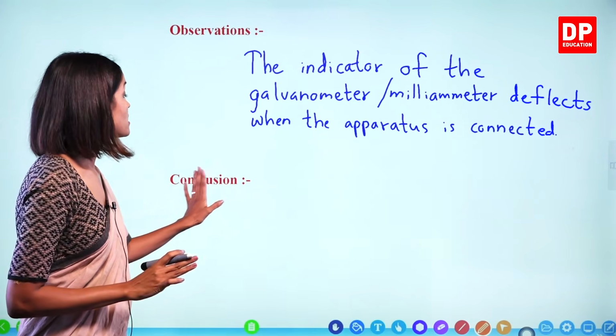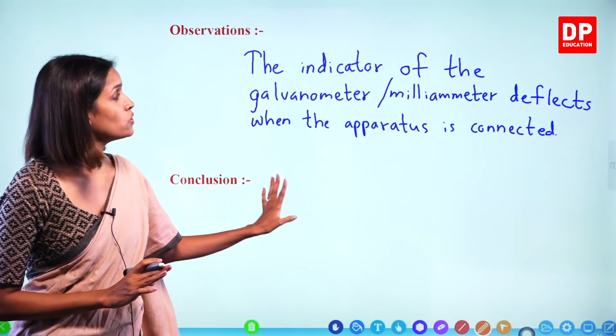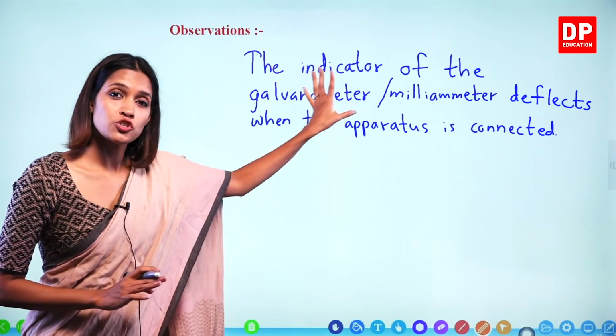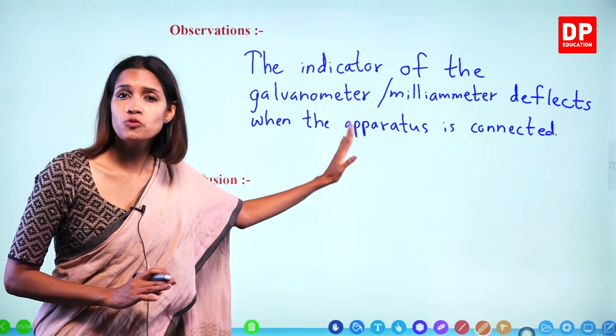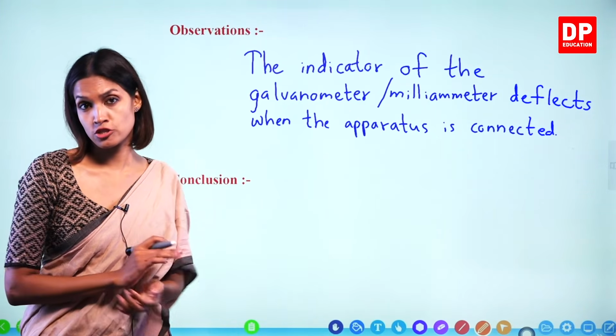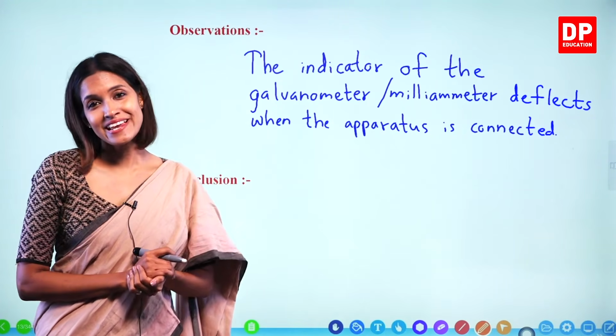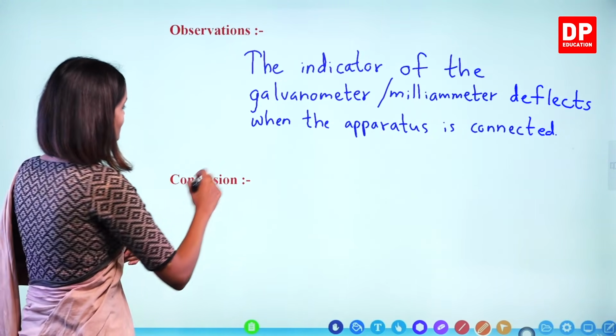Okay, so what is the conclusion? I told you the only instance this indicator of the galvanometer, millimeter deflects or moves only when electricity passes through it. Therefore, this lime fruit can generate electricity. We will write.